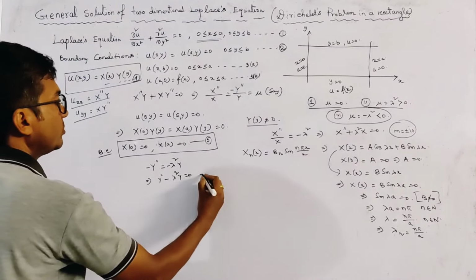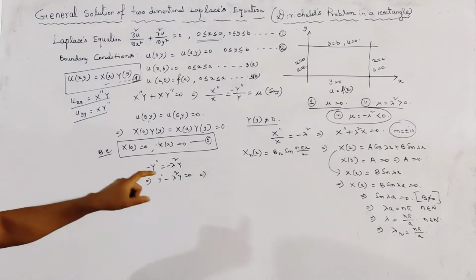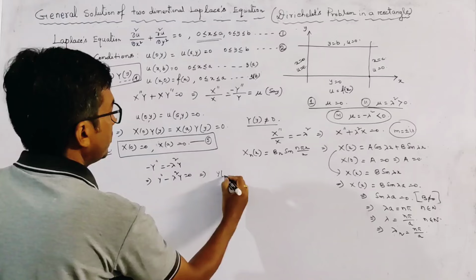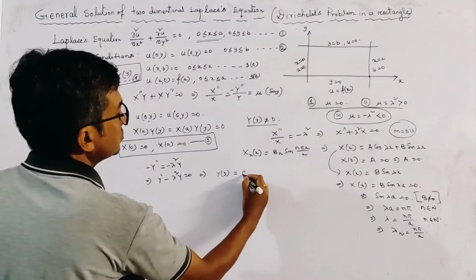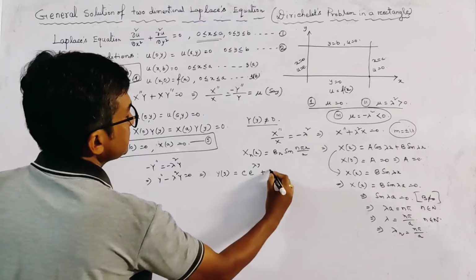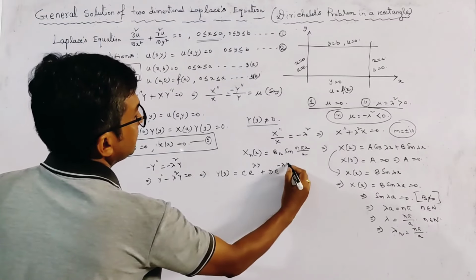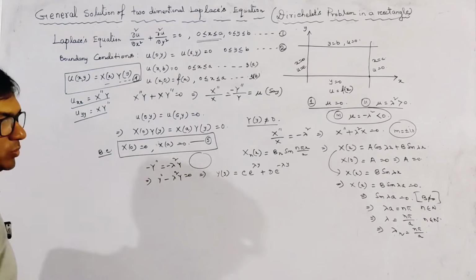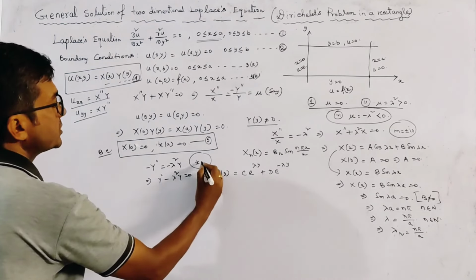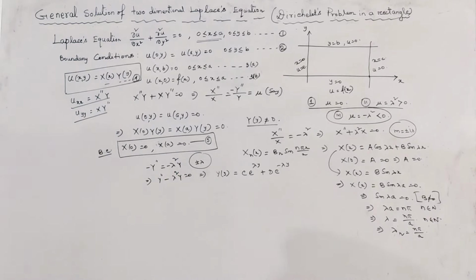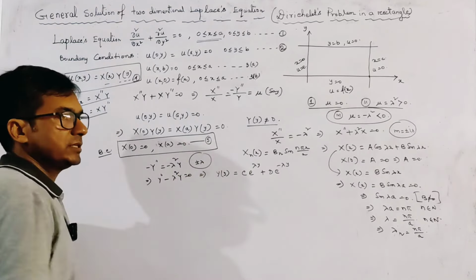The solution of this ordinary differential equation is Y(y) equal to C e to the power λy plus D e to the power minus λy, because the solution of the auxiliary equation for this equation is given by plus or minus λ. So these are real and unequal, hence the general solution is like this.